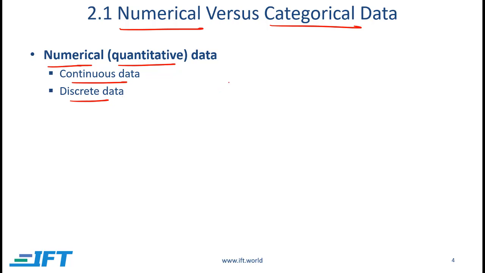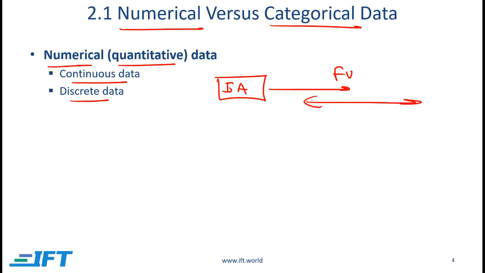So, for example, if we say that here is a certain investment amount, and then we ask the question, what is the future value of this investment amount? Clearly, the future value will be numerical, and this could represent a whole range of possible values. These values, which represent the future value of the initial investment amount, span a continuous spectrum. Therefore, we say that this is continuous data.